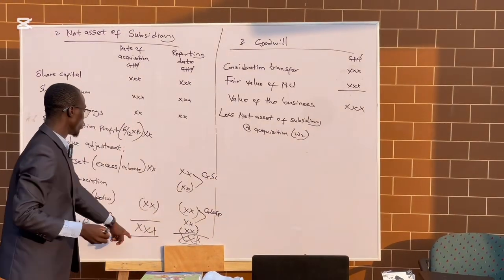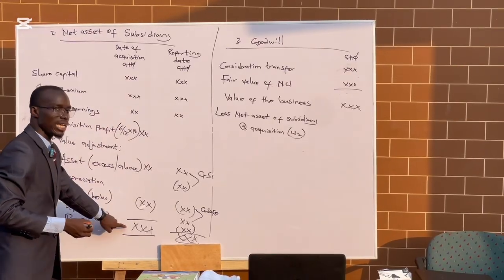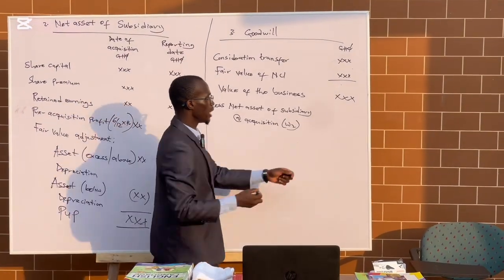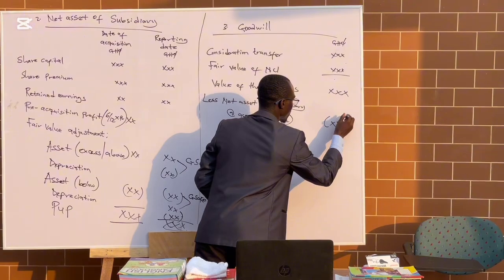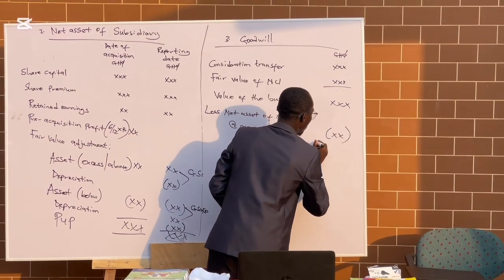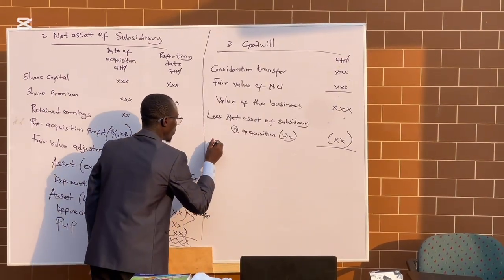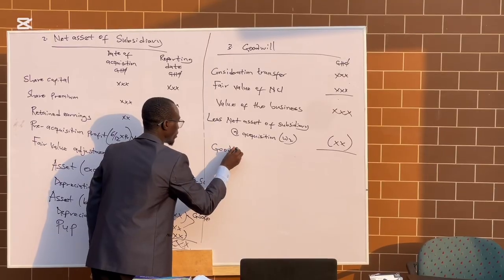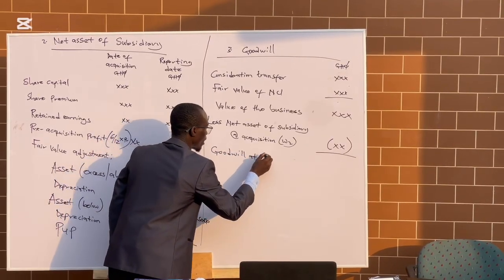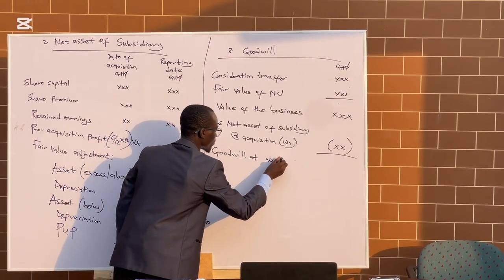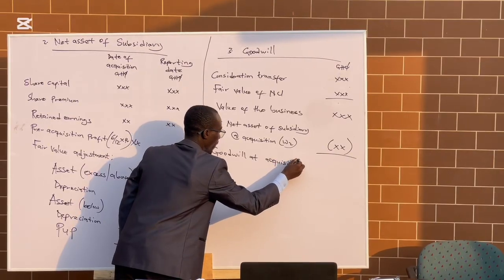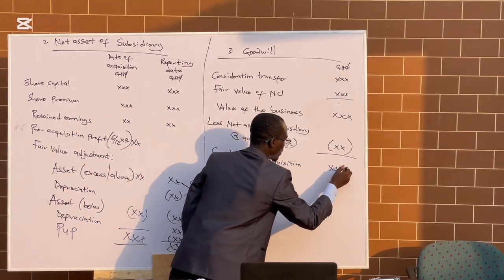When you come to your workings 2, the date of acquisition, the figure you get there is the one you bring here. Then you less it, and the moment you less it, you get goodwill at acquisition.